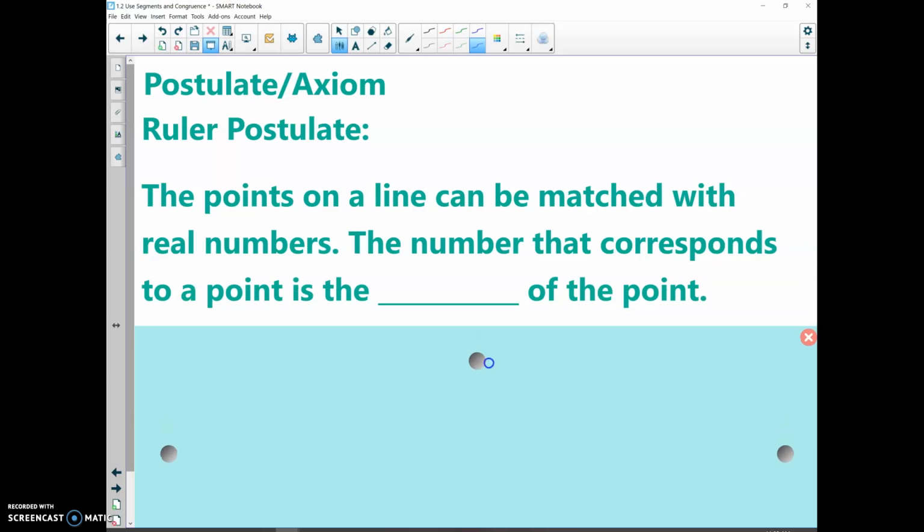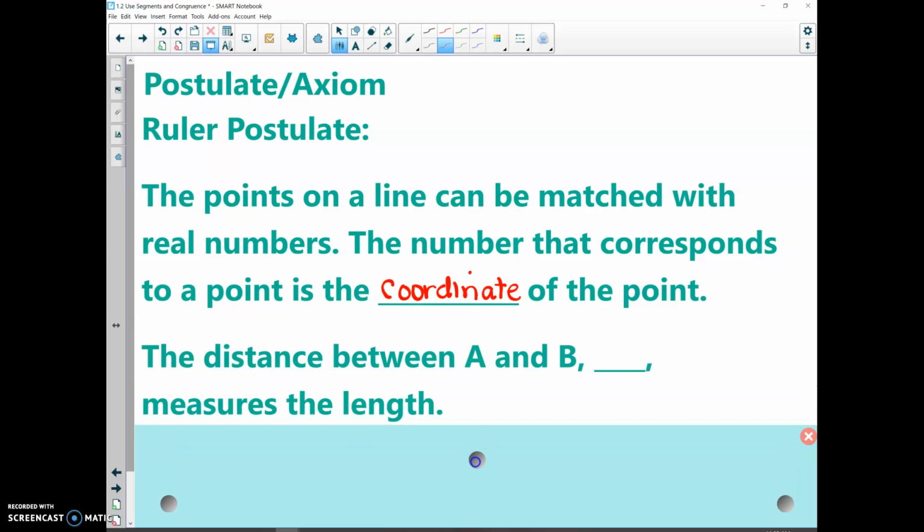Alright, so the ruler postulate. The points on a line can be matched with real numbers. The number that corresponds to a point is the coordinate of the point. So if you have a point at the number 5 on the number line, that would be its coordinate.